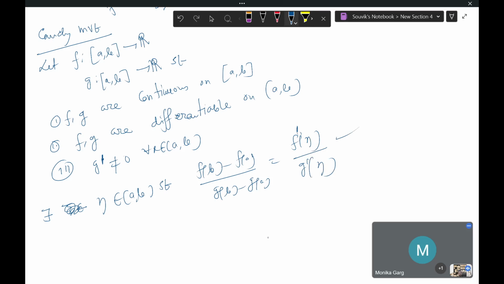So this is the Cauchy's mean value theorem. Obviously, it is the generalization of Lagrange's mean value theorem, right?